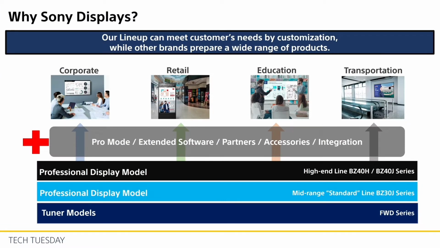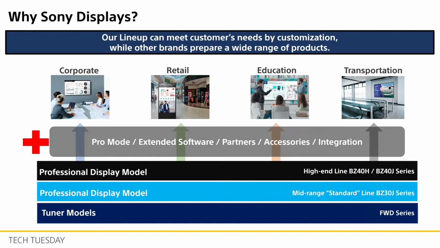This is a slide that you kind of got to read from the bottom up. We have the 3 series, which is the tuner models, which is a prefix of FWD. We have our mid-range or standard line, which is the BZ30J series. And then we have the high-end line, which consists of the BZ40H and the 100-inch BZ40J.